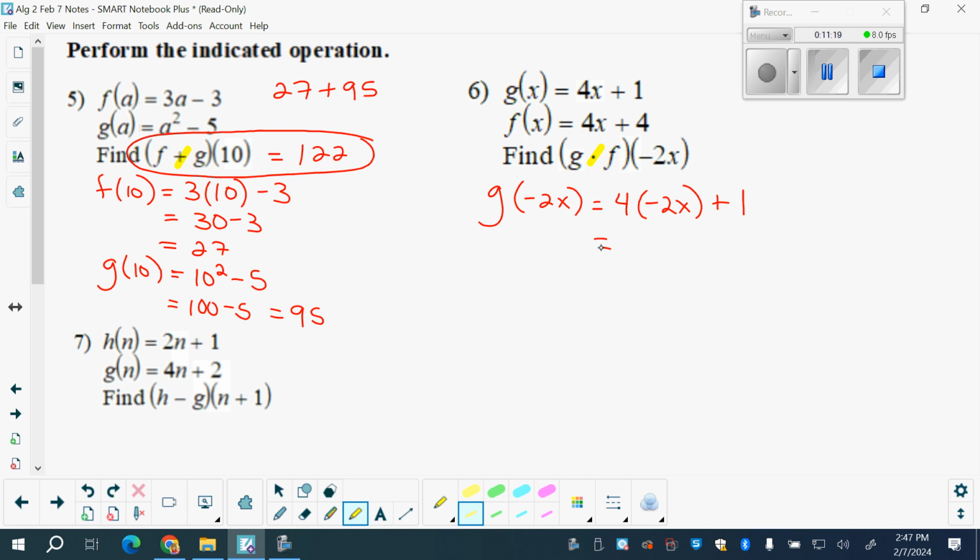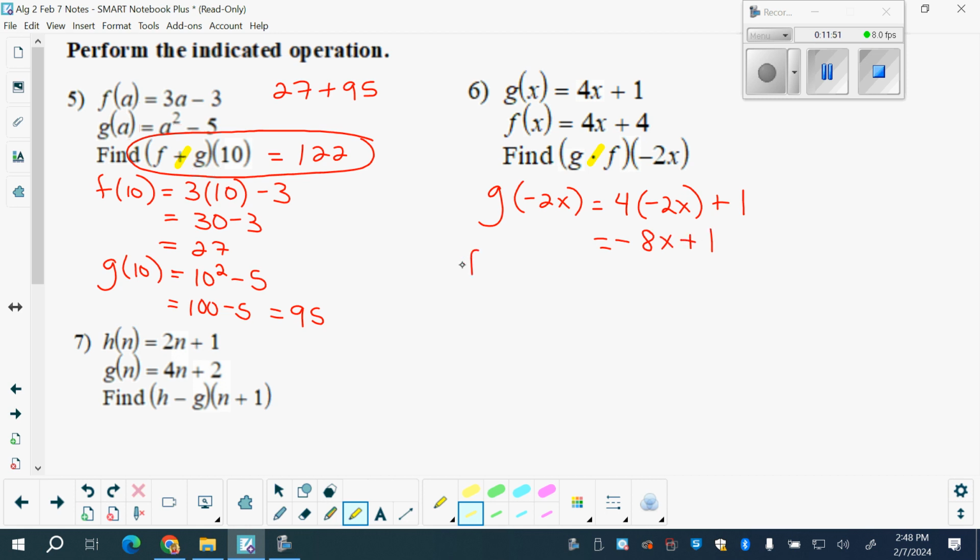What do we get when we take 4 times negative 2x, Omar? Plus 1. How does that simplify? You're just multiplying the 4 times the negative 2x. What would that be? Negative 8x. And then we just put plus 1.